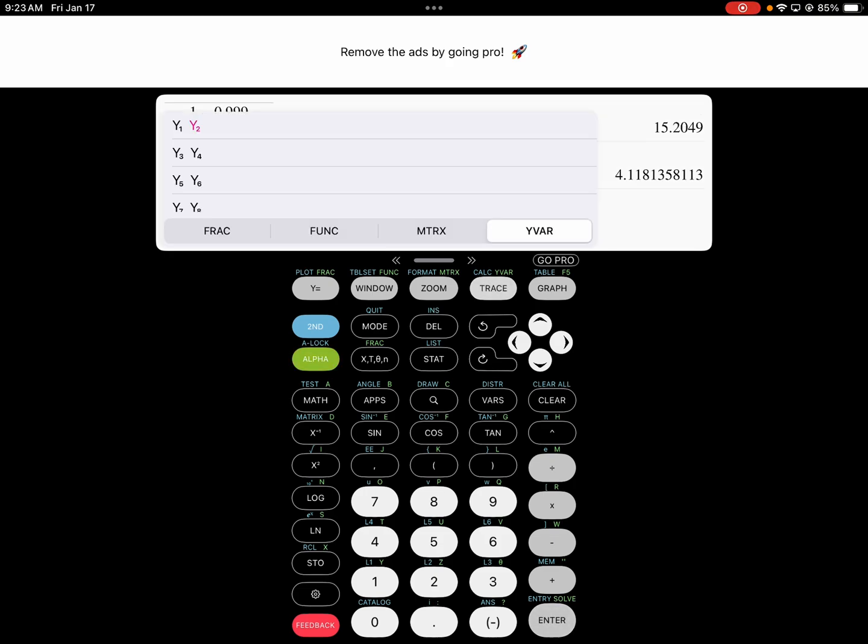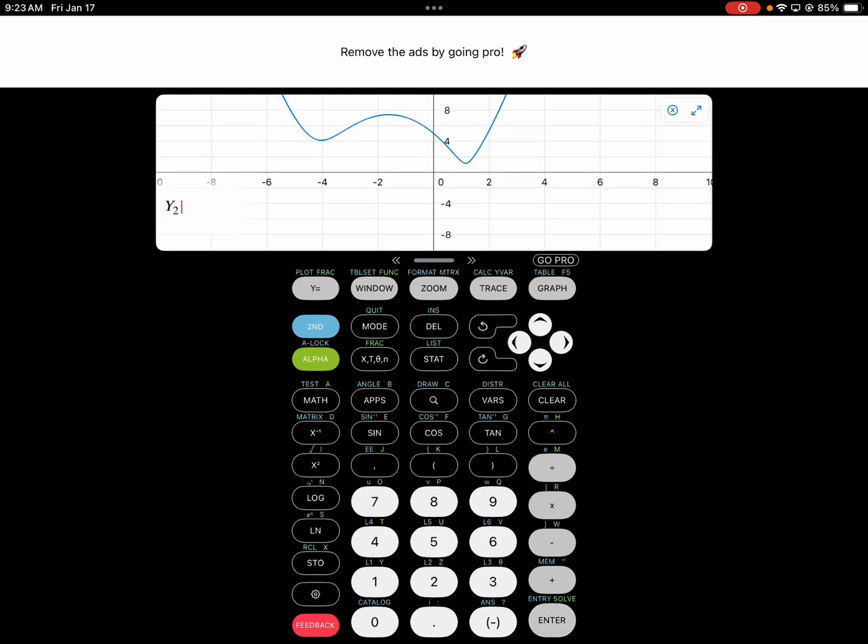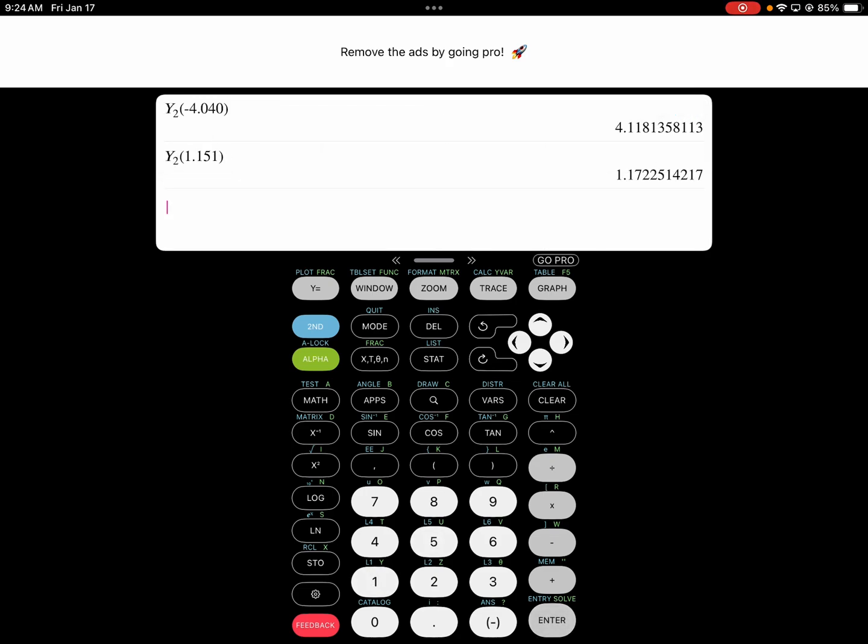And then I do it again, alpha trace, y2, parenthesis, and I would plug in 1.151 and hit enter. Okay, we're looking for the minimum distance. Which x value gave me that? The 1.151.